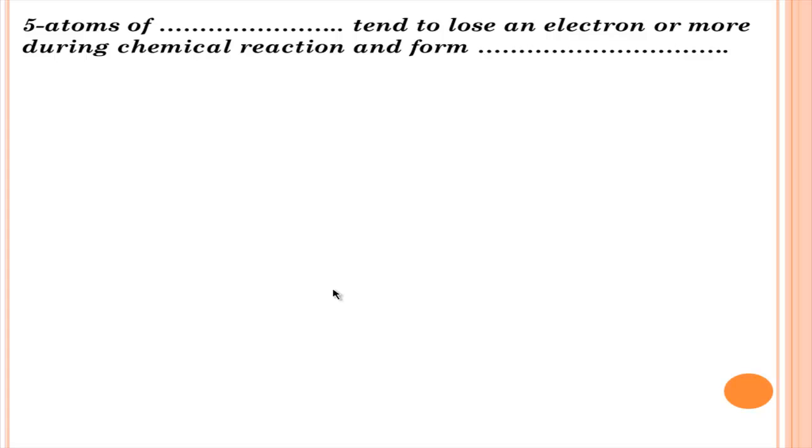Atoms of space tend to lose one electron or more during the chemical reaction. Atoms of metals tend to lose an electron or more during the chemical reaction to form positive ions.